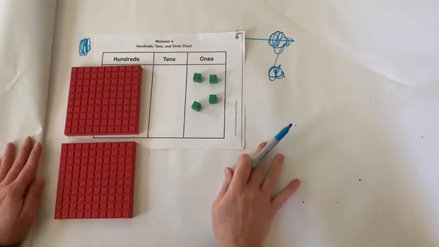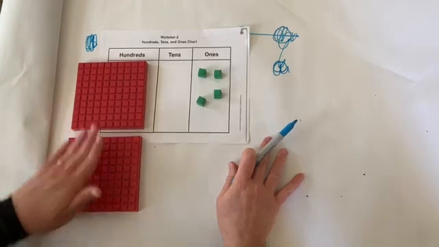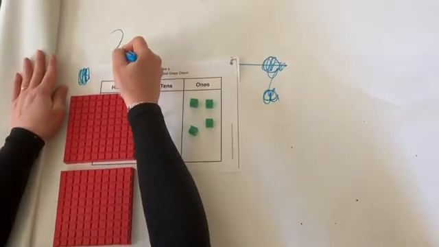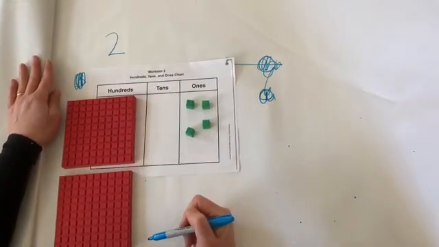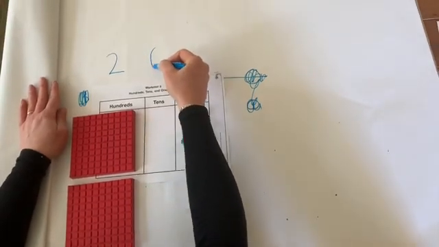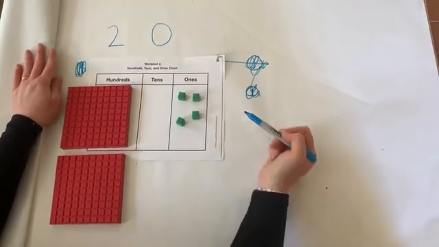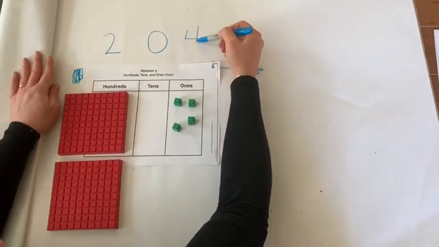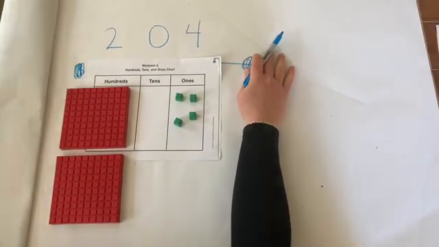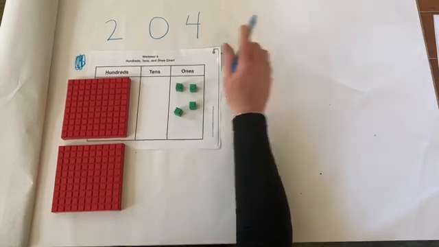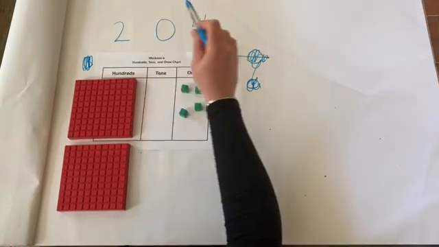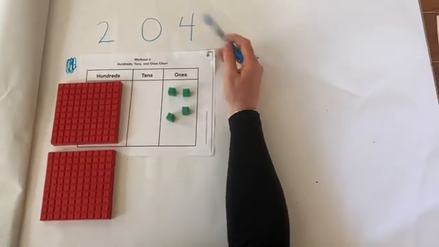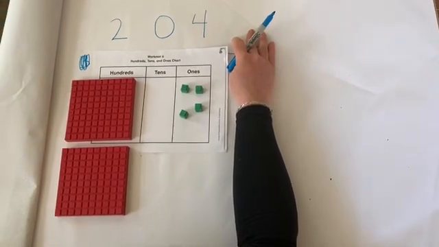What number do I have here? Well, I have 2 in the hundreds. I have nothing in the tens. And I have 4 in the ones. The number that I am representing is 204.